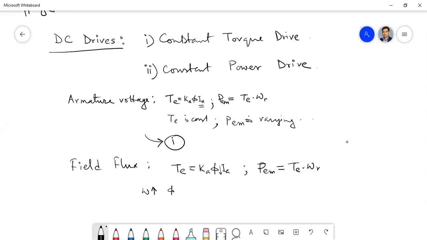Clear? So if we don't want to change the armature current by varying the field flux, if we want to increase the speed, what about the torque?